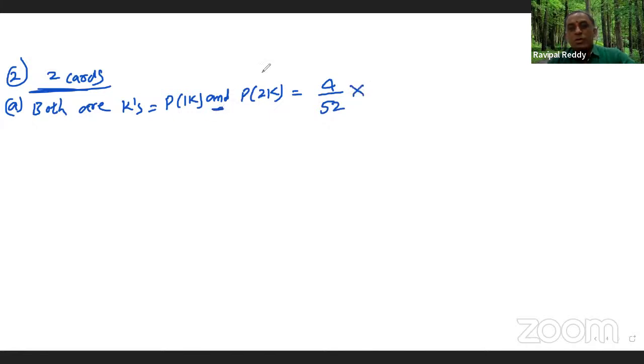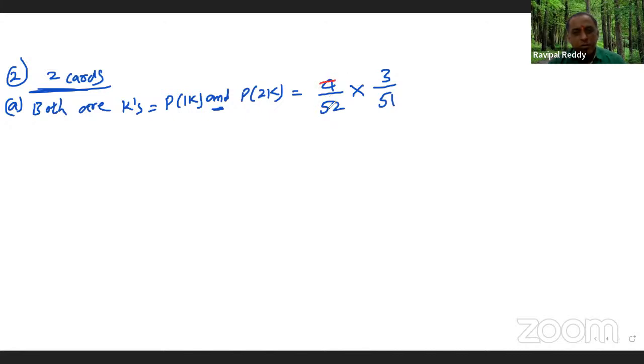If the word or is there, take addition. If the word and, take multiplication. 4 by 52. Out of 52 cards, we took 1 card, that is a king. And remaining, how many kings are there? 3 kings, by now how many cards are there? Out of 52 cards, we already took 1 card. Therefore, now 51 cards are there.